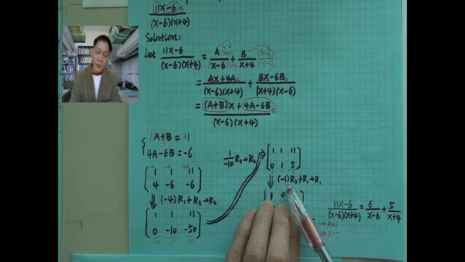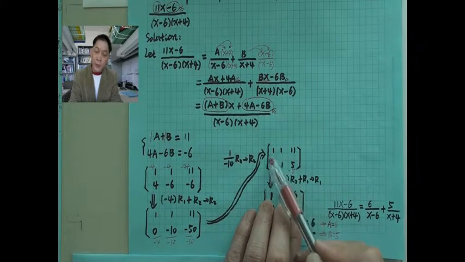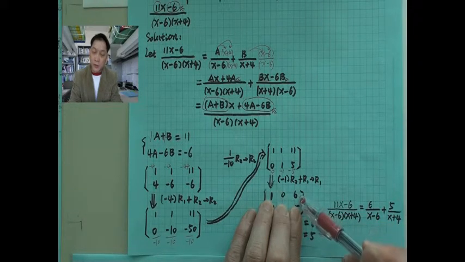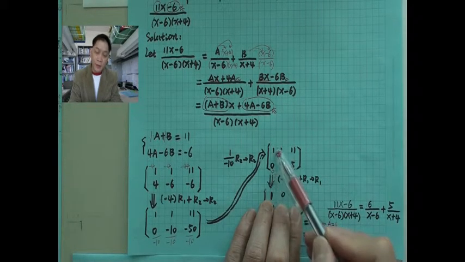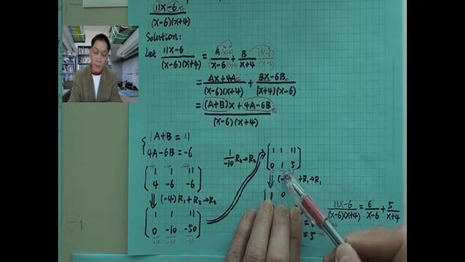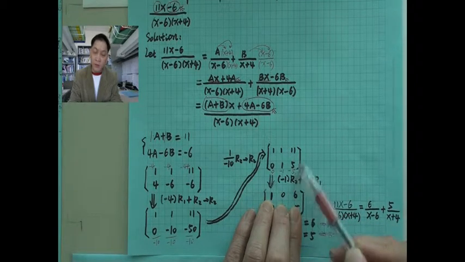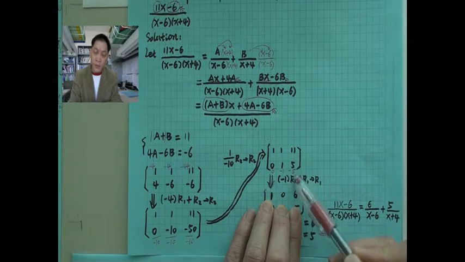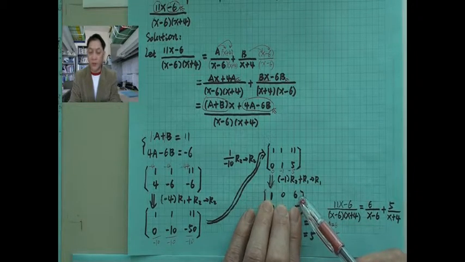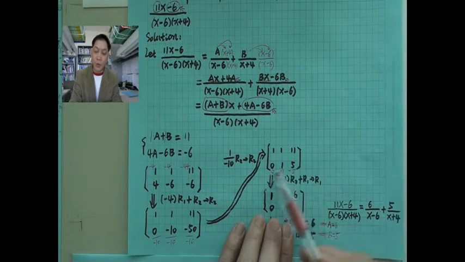This operation is negative 1 times row 2, added onto row 1, giving the new row 1, which is 1, 0, 6. Again, 0 plus 1 is 1, negative 1 plus 1 is 0, and negative 5 plus 11 is positive 6. The second row we copy.